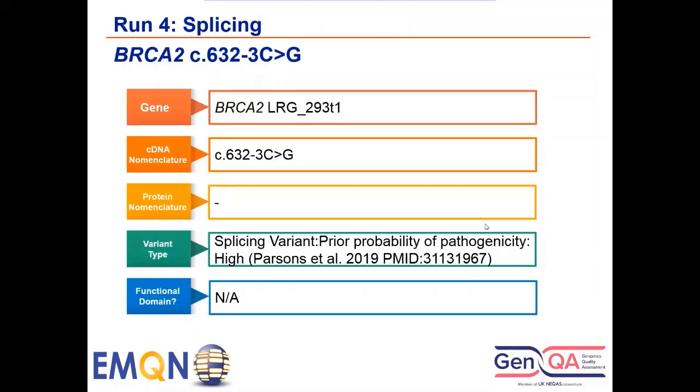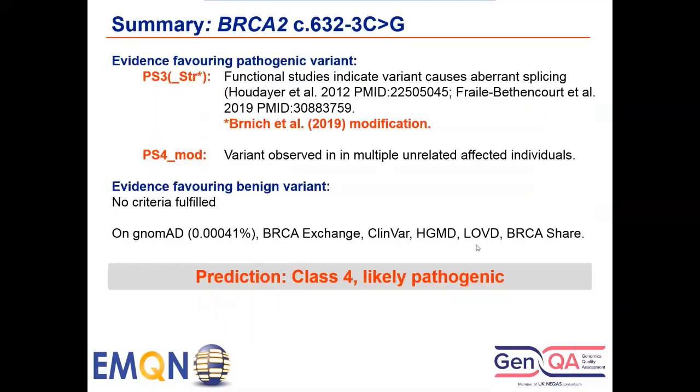And another splice variant in the acceptor splice site, here is in BRCA2, c.632-3C>G. This variant was classified based on the multifactorial likelihood analysis by Parsons et al. as being pathogenic.